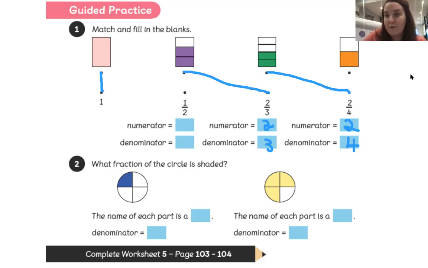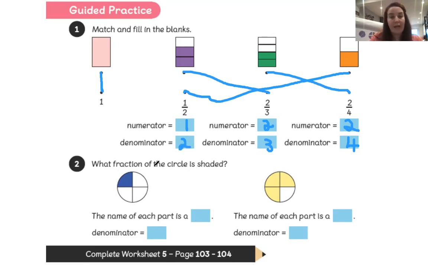So on our next one, it's our last one, and our denominator's got to be 2 because it's split into 2, and our numerator's got to be 1 because only 1's coloured in. So numerator 1, denominator 2, and it's a half.